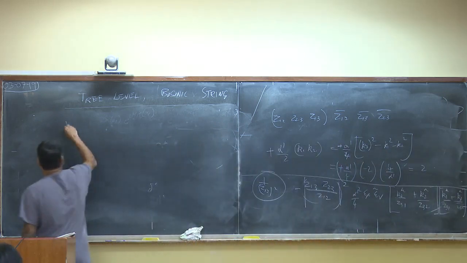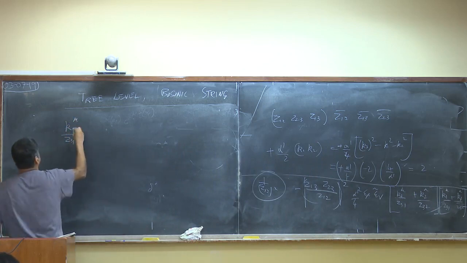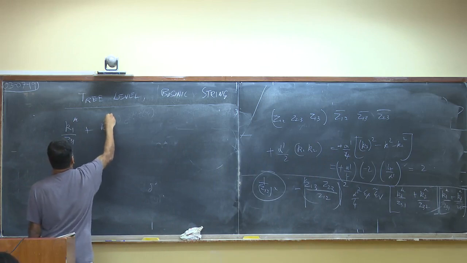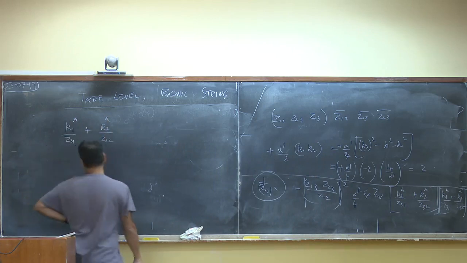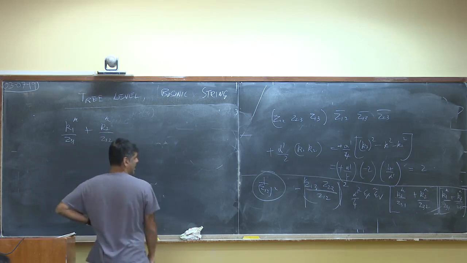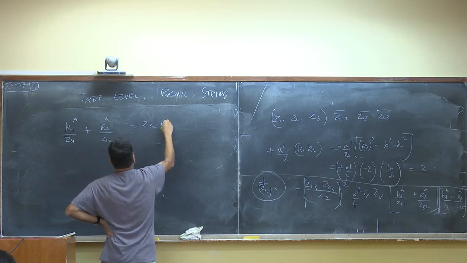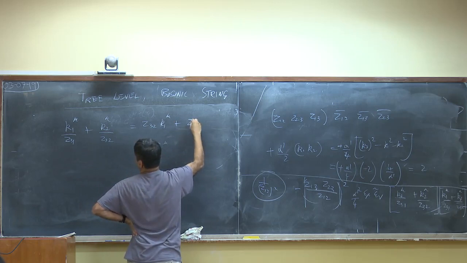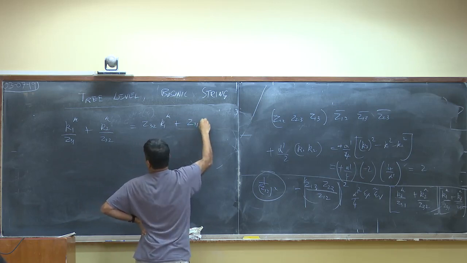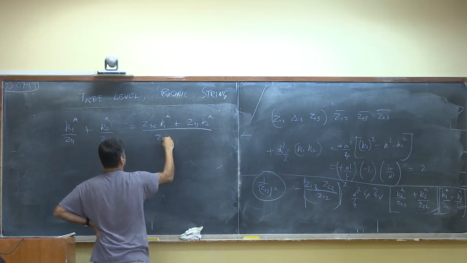So we have k1 mu by z31 plus k2 mu by z32, which is equal to z32 k1 mu plus z31 k2 mu over z31 z32.